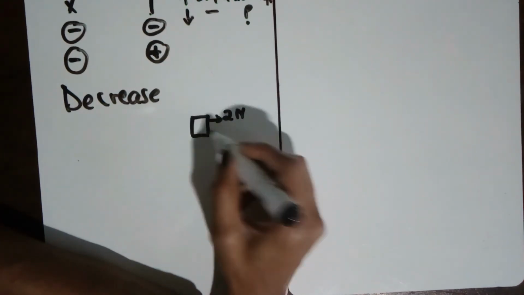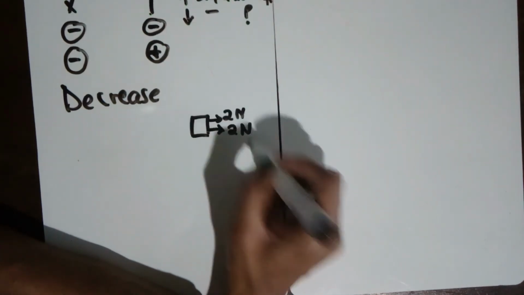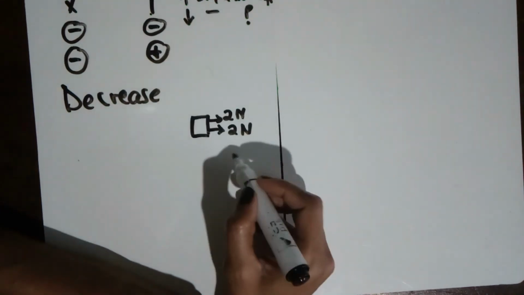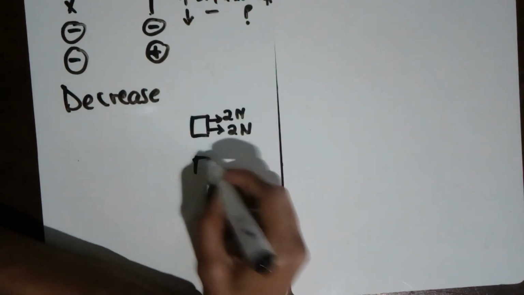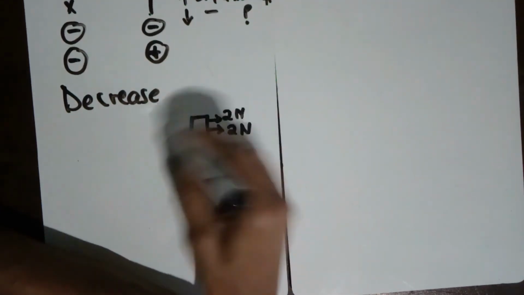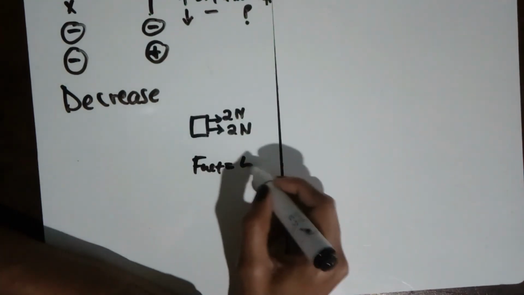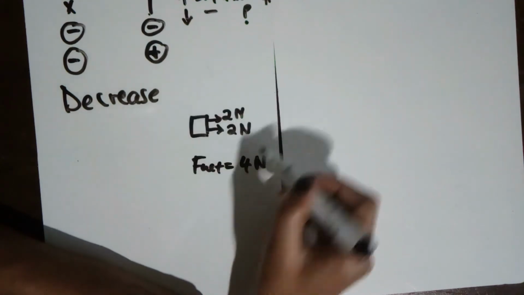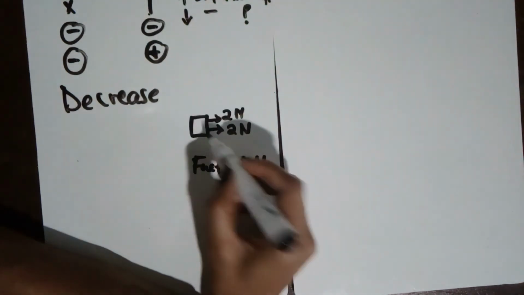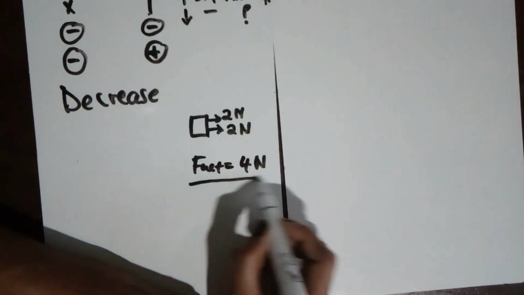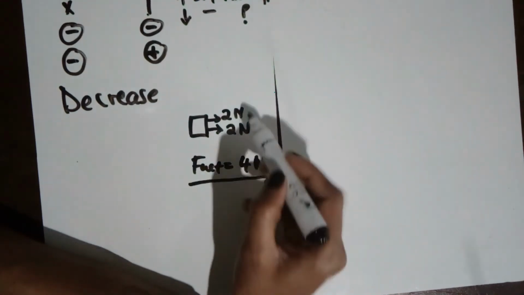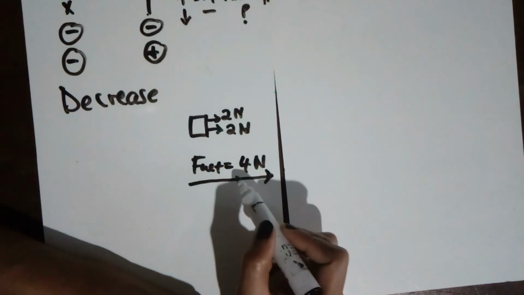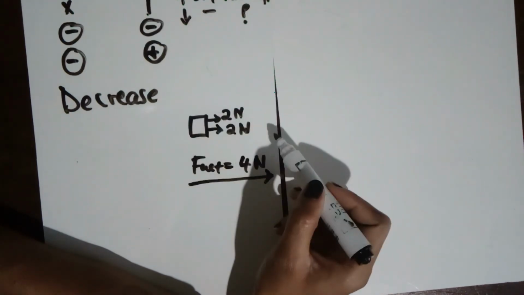She's also pulling at this rock with a force of 2 newtons. Let's consider that there were no other forces. So your F net will be 4 newtons. The rock will almost seem like it's being pulled with a total force of 4 newtons, right? So your individual contributions are added because you are pulling in the same direction, right?